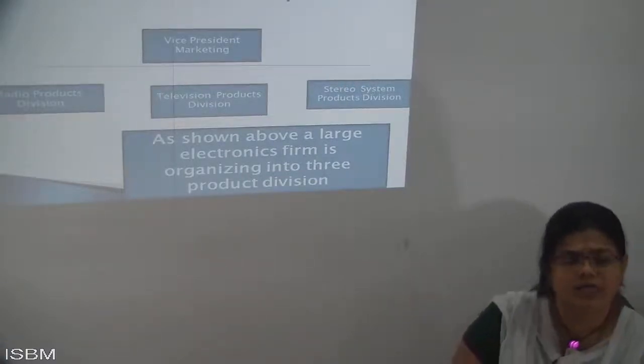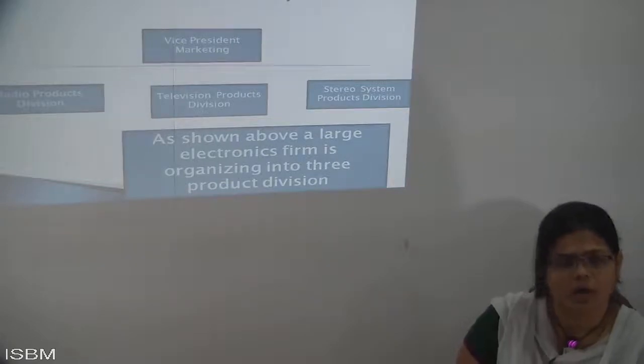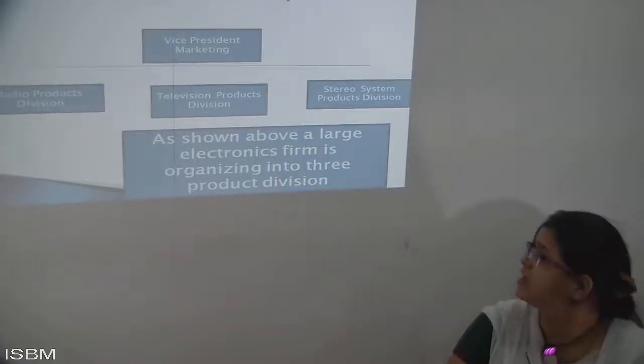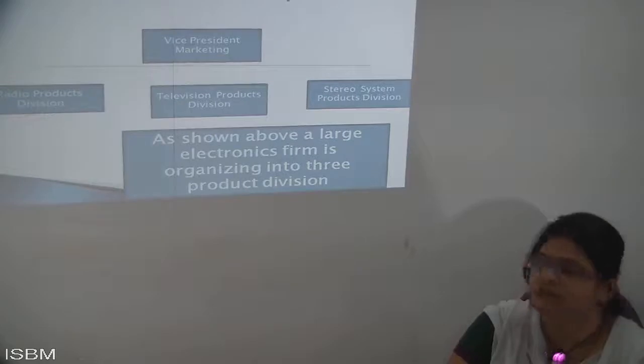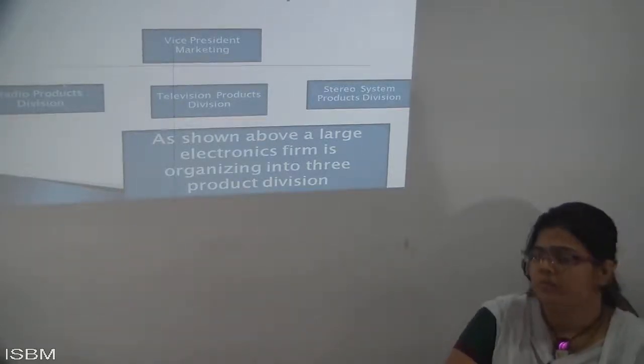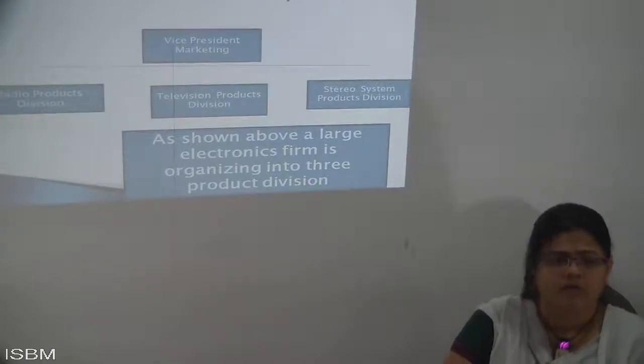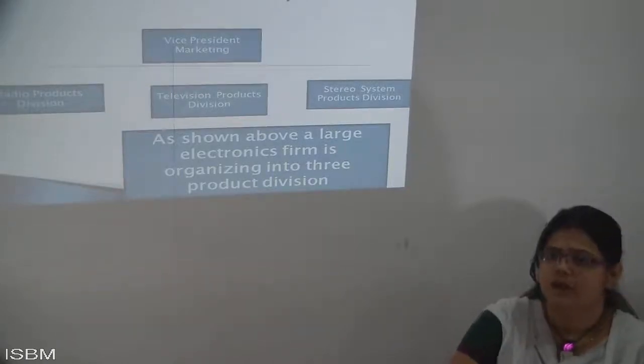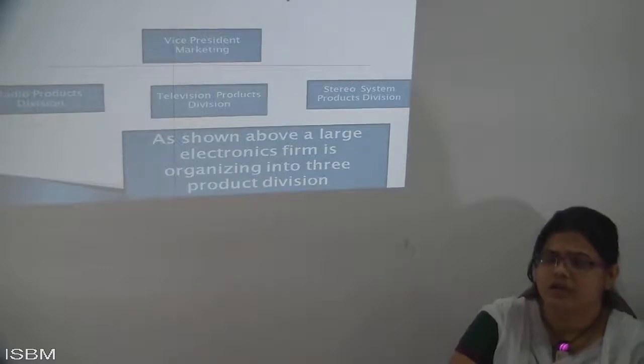But each and every person in the organization, like the VP, whenever the work is given to different people, it is given into marketing. Here is an example of a large electronic firm, which has different divisions.